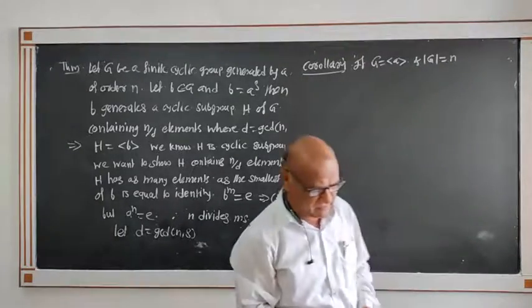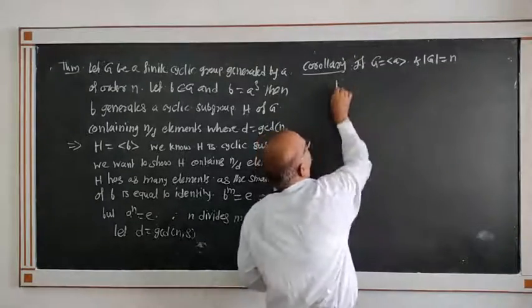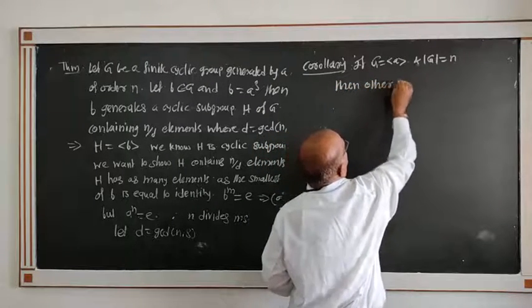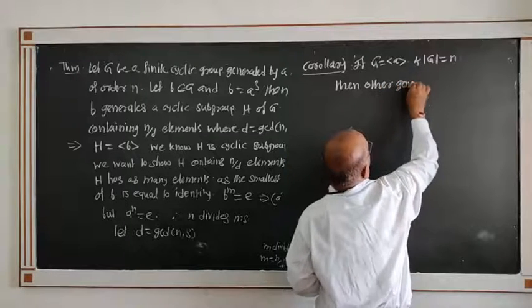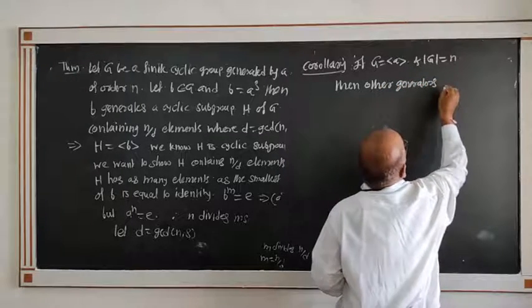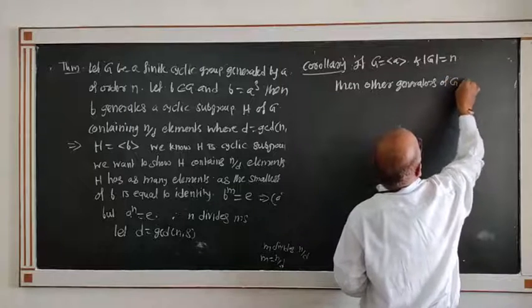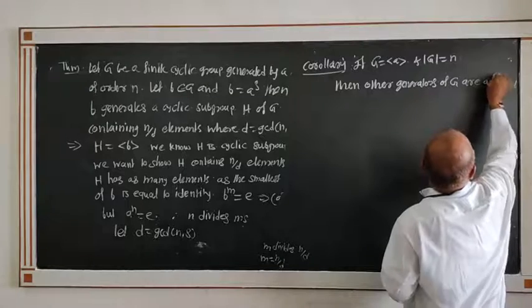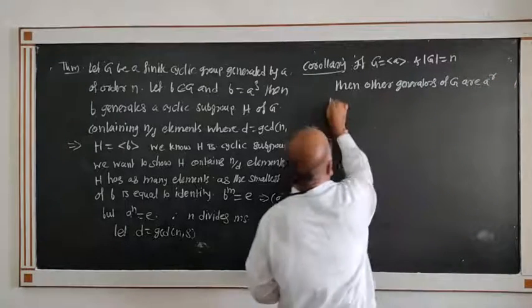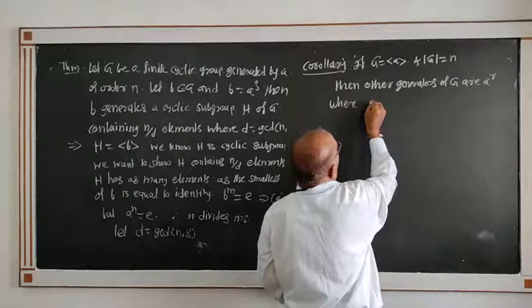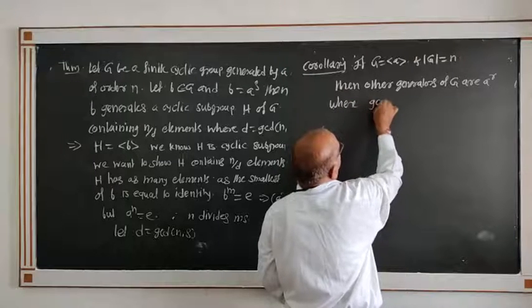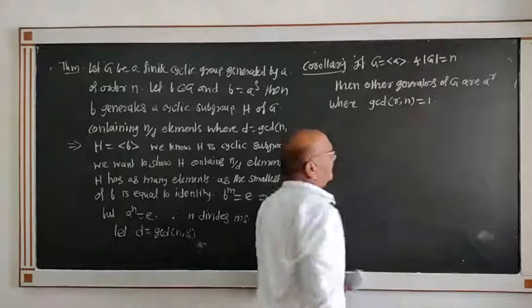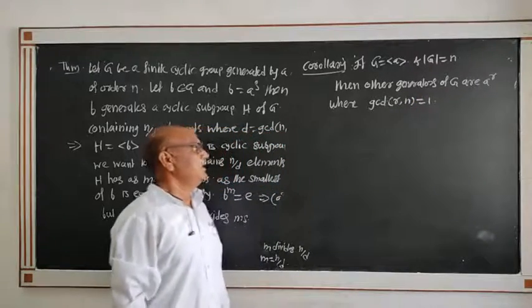Then the other generators of G are A raised to R, where GCD of R and n is equal to 1. That means R and n are relatively prime.